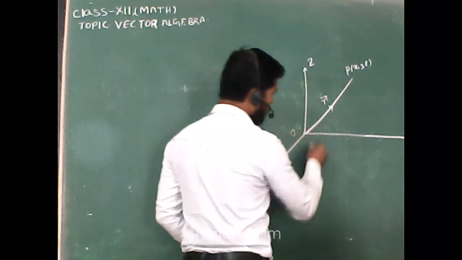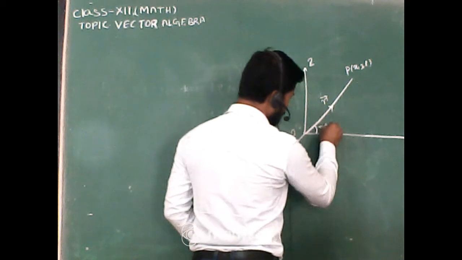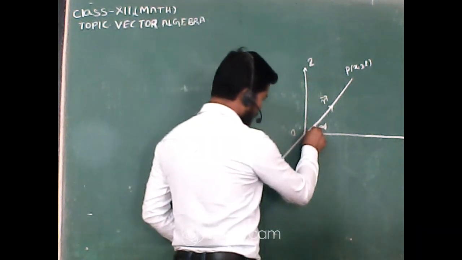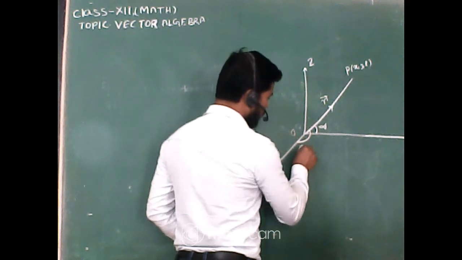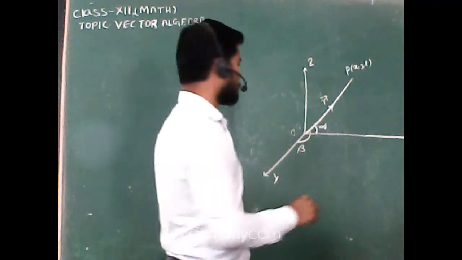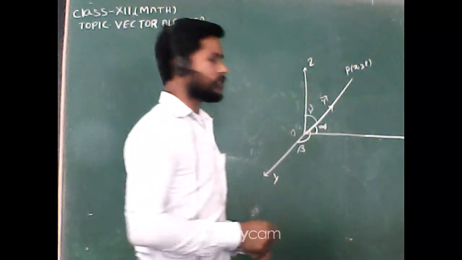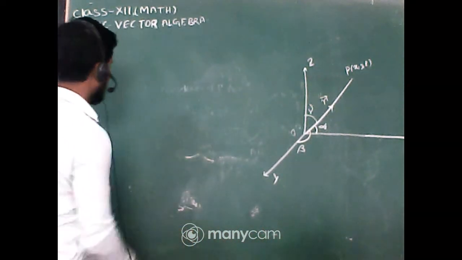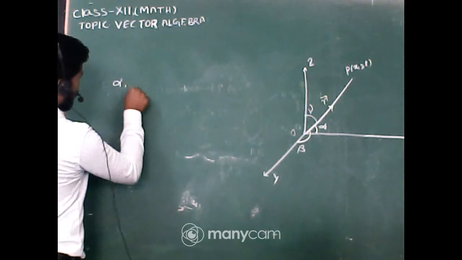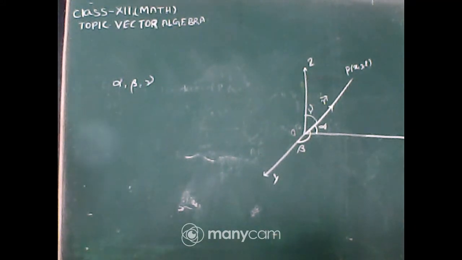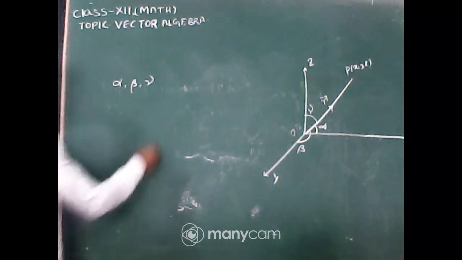Let the line OP make an angle alpha with the positive direction of the x-axis, an angle beta with the positive direction of the y-axis, and an angle gamma with the positive direction of the z-axis. Then these alpha, beta, gamma are called direction angles.